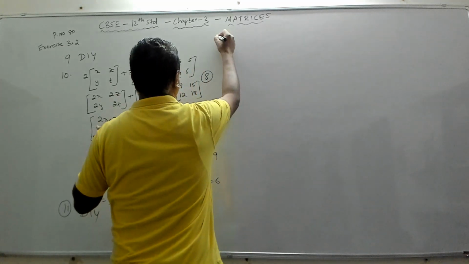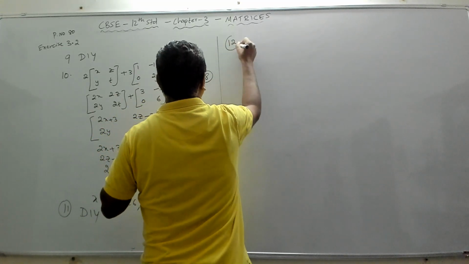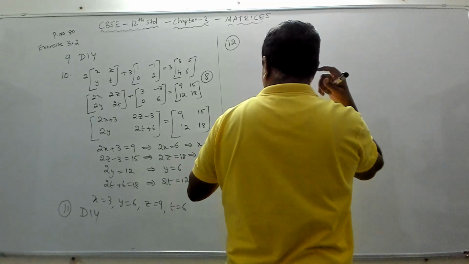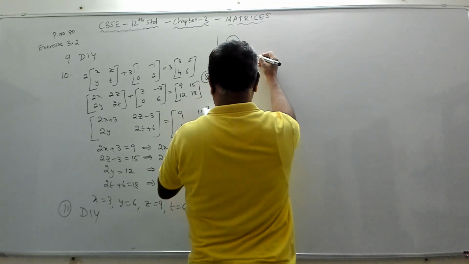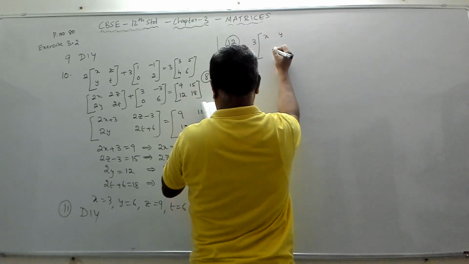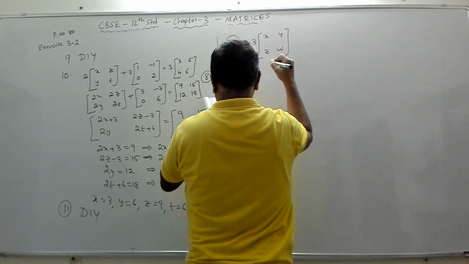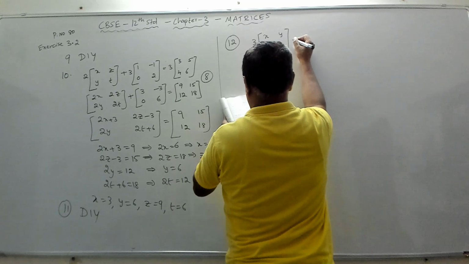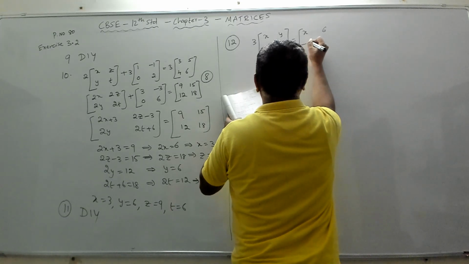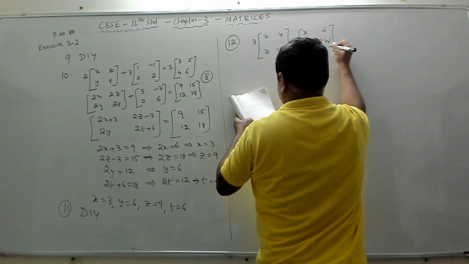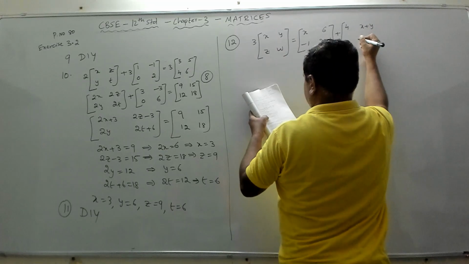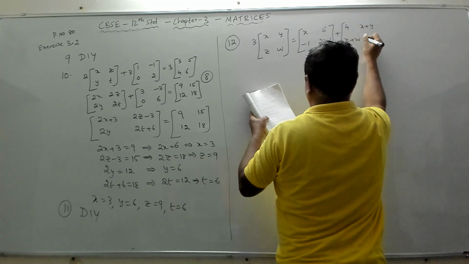So let me put this. The 12th problem is 3 times x, y, z, w plus equal to x 6 minus 1 2w plus 4x plus y z plus w and 3.